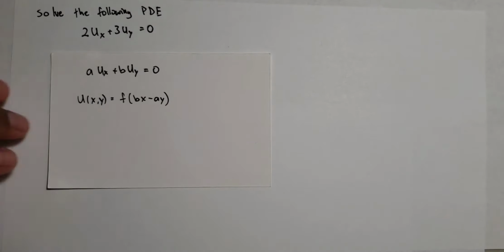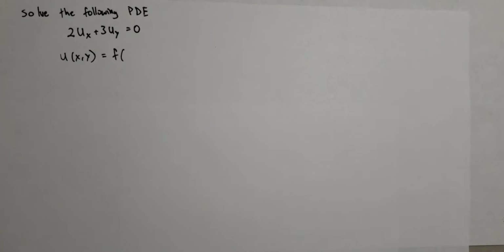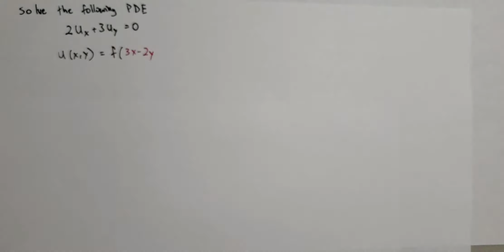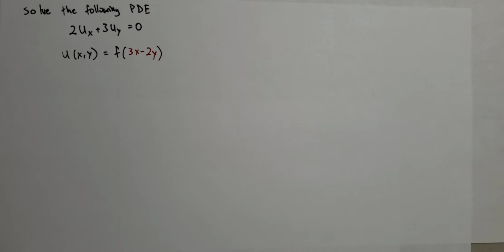So the solution to this PDE is any function of this form, where u is our function and it's equal to f of 3x minus 2y. So any function that is being evaluated at 3x minus 2y is our solution.